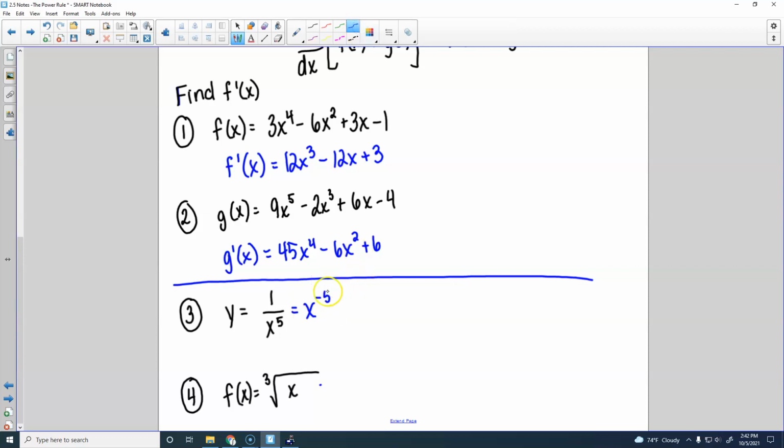And Margaret, what would I get whenever I take my derivative? Very good. And I like that she got that negative 6. There's probably somebody out there that was thinking negative 4. But you're subtracting 1 from the negative 5. Negative 5 minus 1 is negative 6.